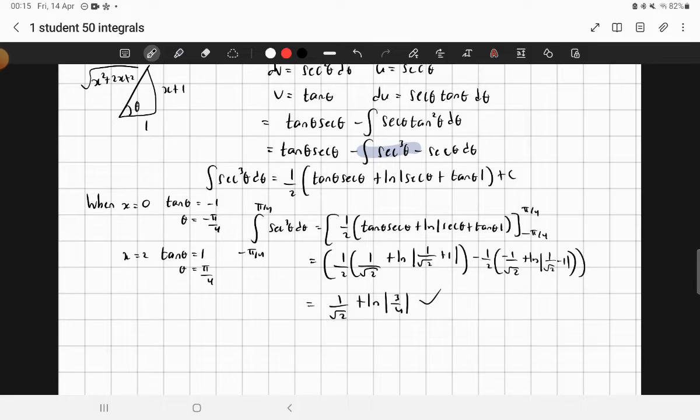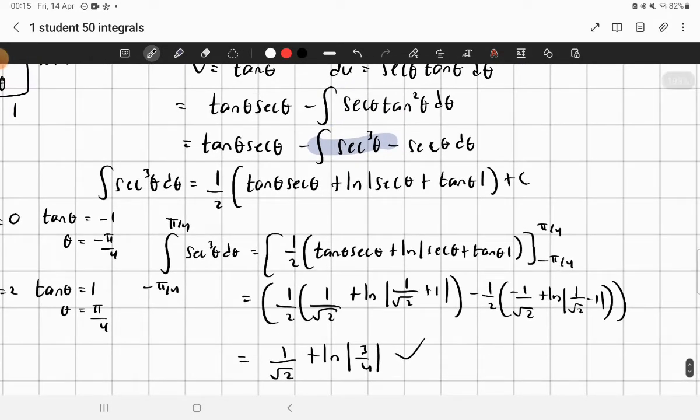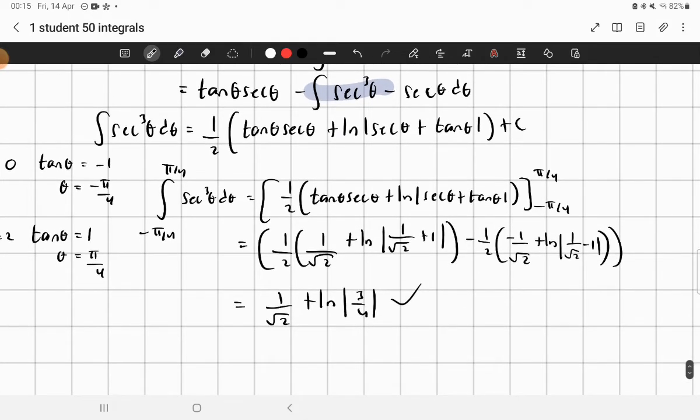I am so wrong. For some reason, I got a very different answer. Let me just check something first. Oh, it's negative 1 over 2. So this will be 1 over 2, yeah. Oh gosh. Alright.